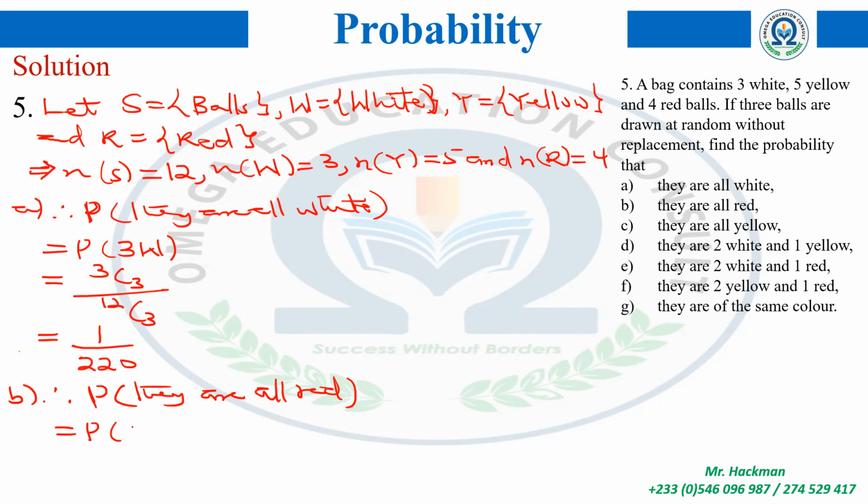How many are you selecting? All red. So how many reds? 4. No, how many are you selecting that should be red?